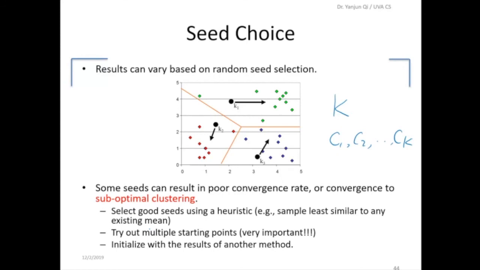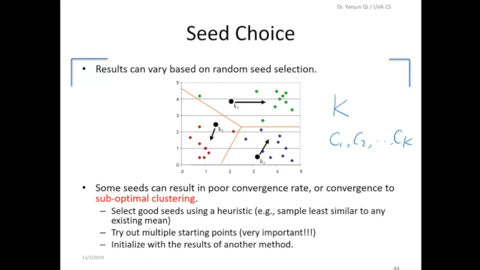It gives you local optimal solutions. It doesn't guarantee a global optimal solution at all. And this means that if you start from a really bad starting point, it might converge to a bad local optimal solution.